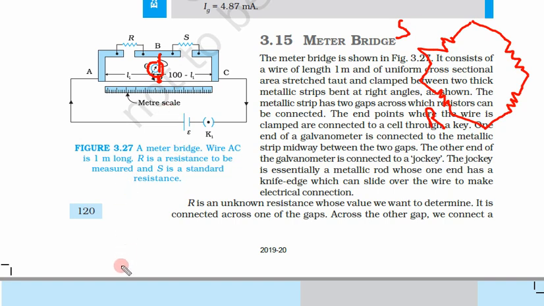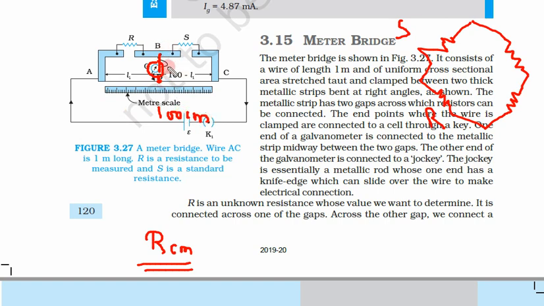You know that a wire has a resistance because a wire is also a conductor and every conductor has some resistance. Now the resistance per unit length is RCM, that means resistance per centimeter. Let us say this whole wire is 100 centimeter.